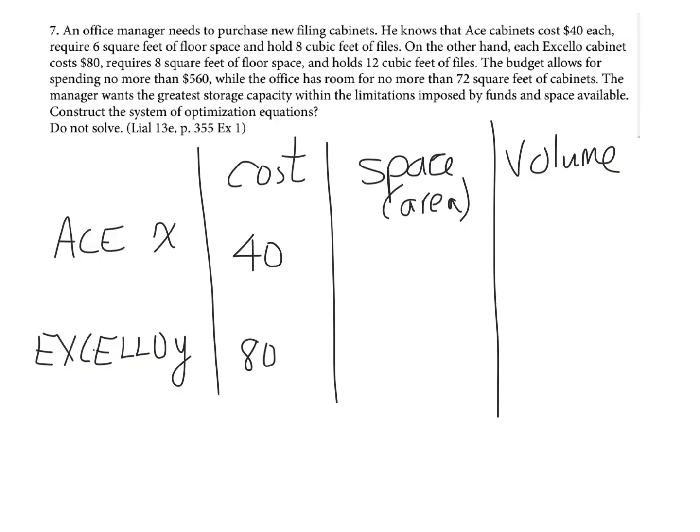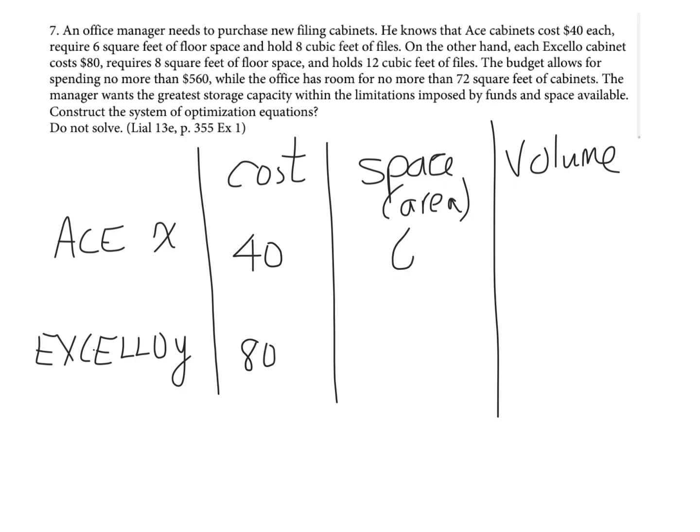If we were looking at just cost, we could say Excello are twice as much money, so maybe we should go with ACE. However, they also have varying space or area they take up, and a difference in capacity or volume, which is what we're looking for.